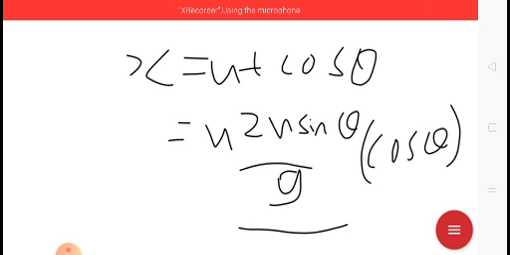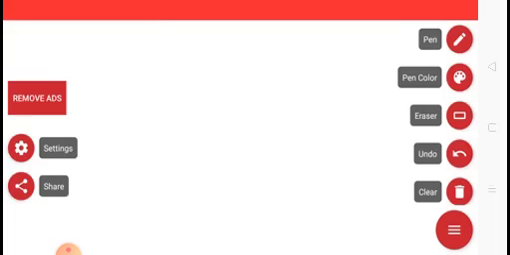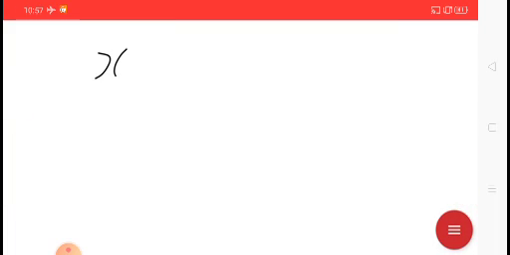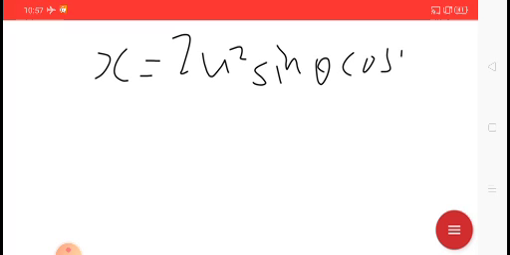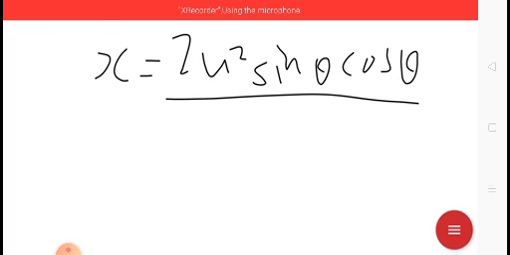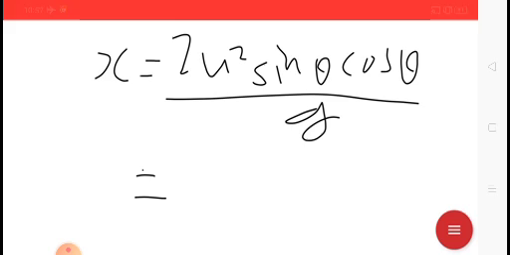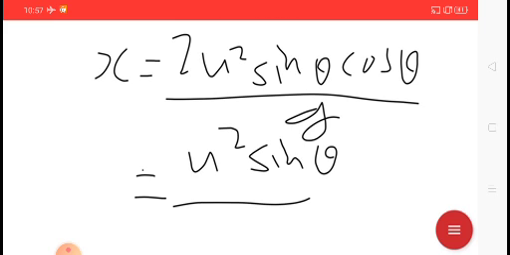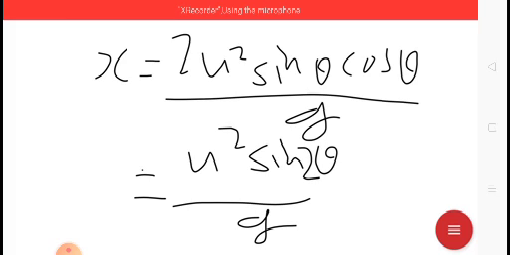Okay, so we continue, simplify. So you will have x equal to 2u square sine theta cos theta over g, and you simplify some more, you have u square sine 2 theta over g. Right, 2 sine theta cos theta equals sine 2 theta.